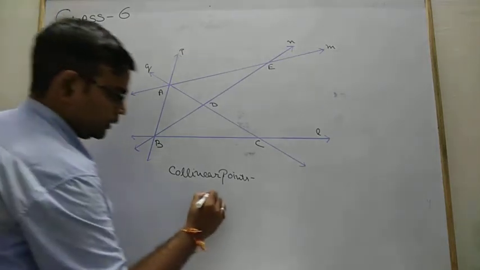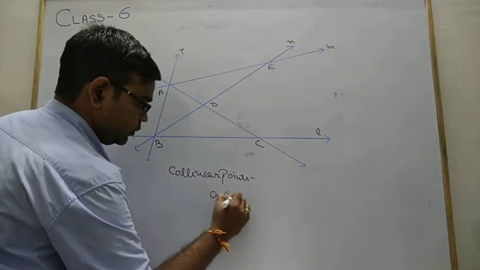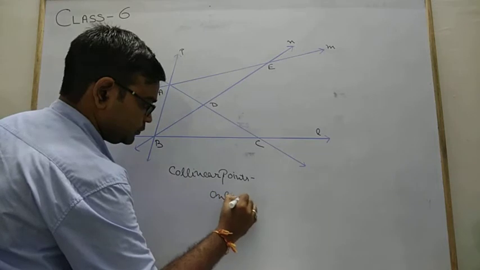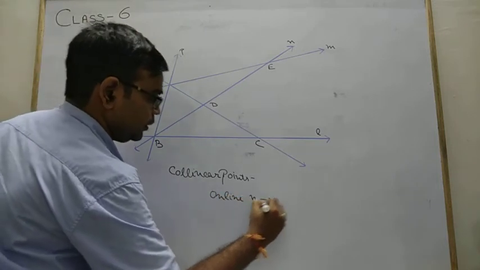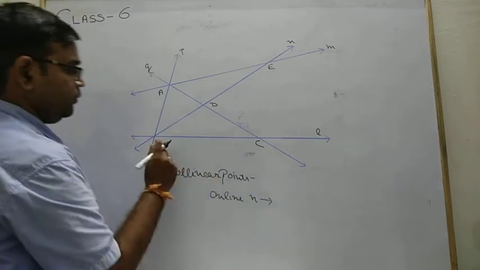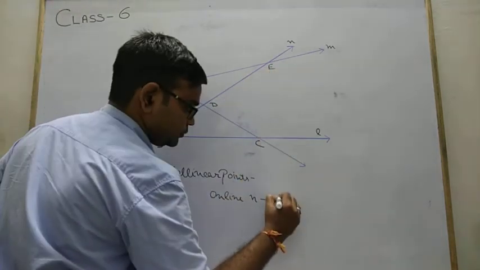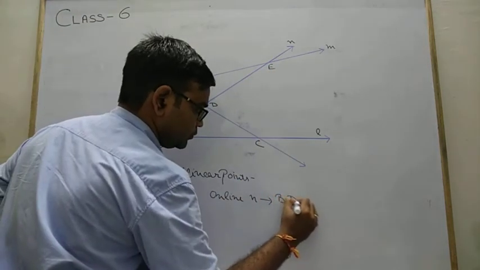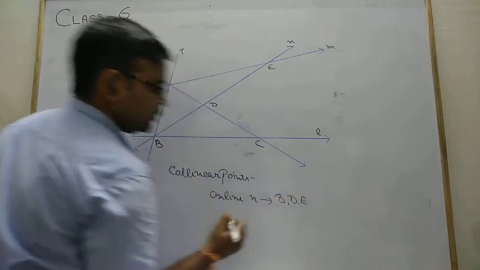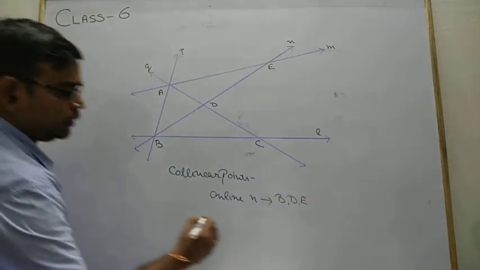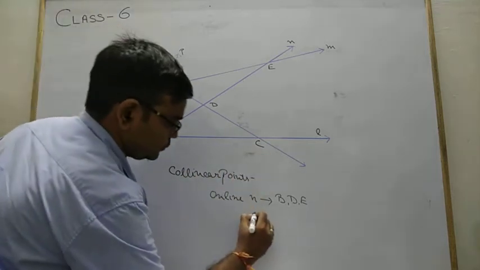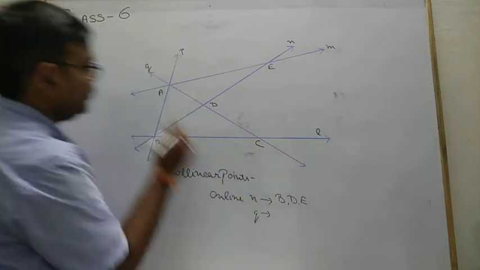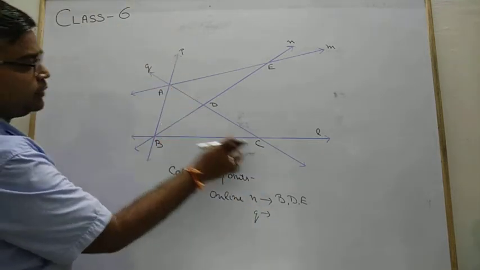So how do we write? On line, it is a small n. How many collinear points do we have? We have B, D, E, 3 different points. Then on this line Q, we have again A, D, C.